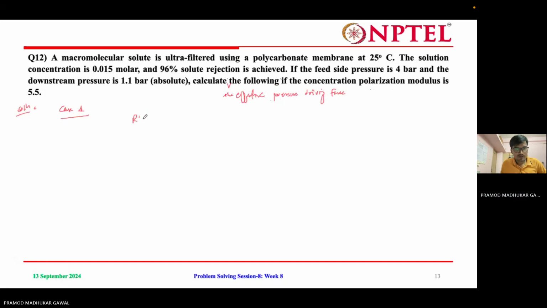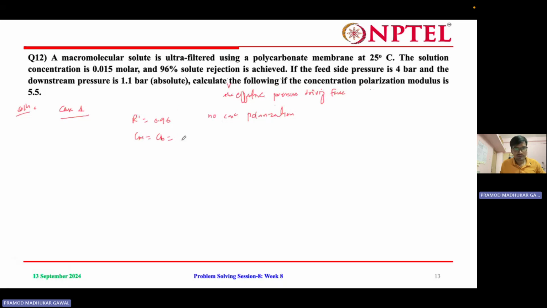So R dash is 0.96, right? No concentration polarization, so Cm is equal to Cb.